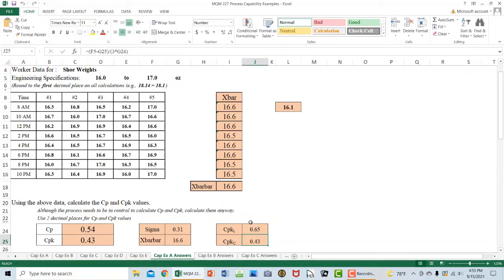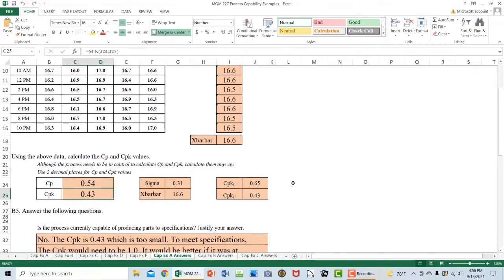Well, think about it as the 16.6 is closer to 17 than it is to 16. So the upper one is going to be the worst case scenario of the two. And when we look at the two numbers, we find that that actually is the case. The 0.43 is the number we go with, the minimum of these two. As you see, that's what shows up over there. So also remember X bar is right there as well.